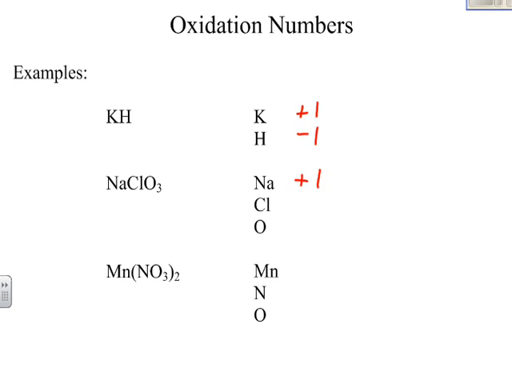Oxygen gets priority here, so the oxygen would be a 2-. Since there are 3 oxygens, and altogether the chlorate ion has to have a -1 charge, the chlorine must have a +5 oxidation number.